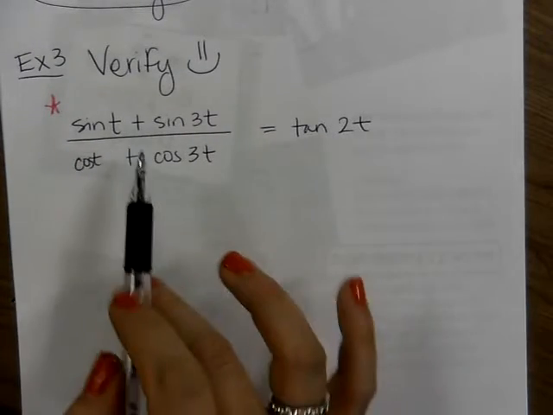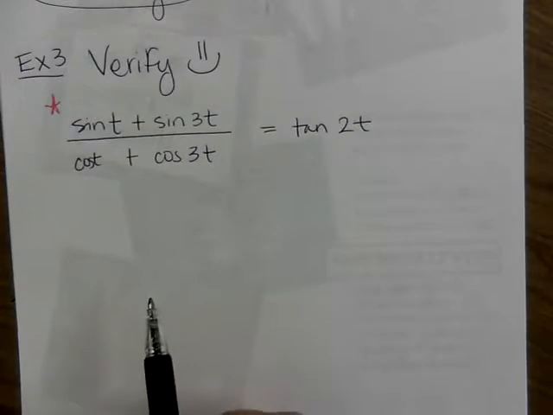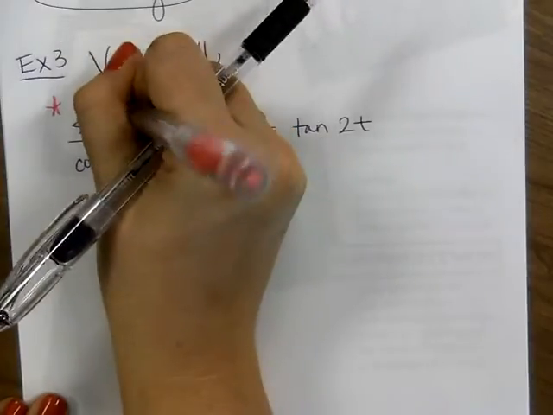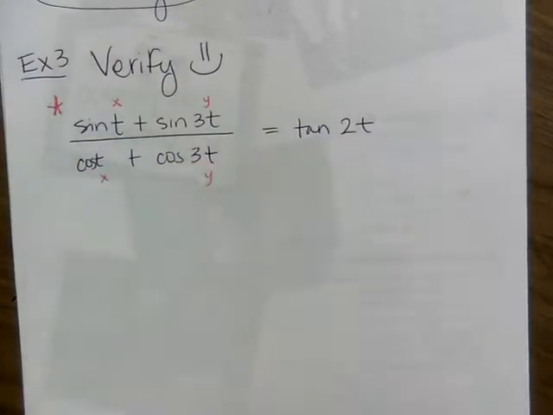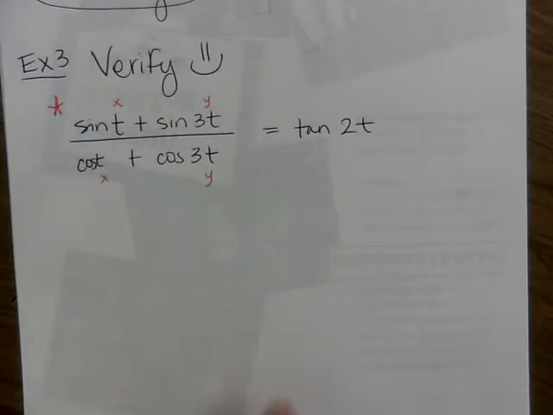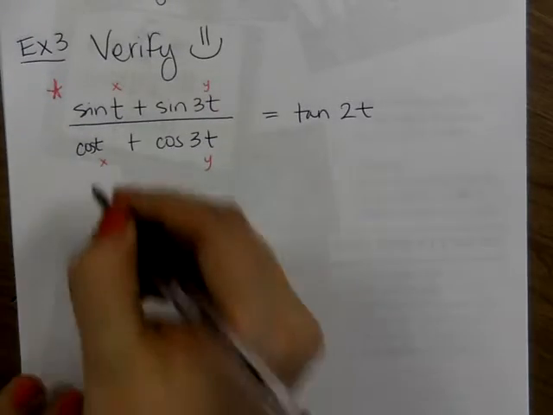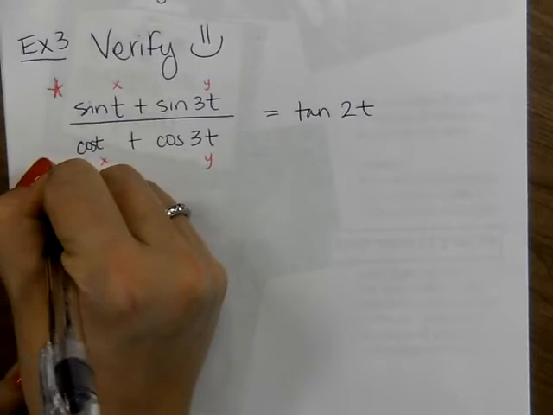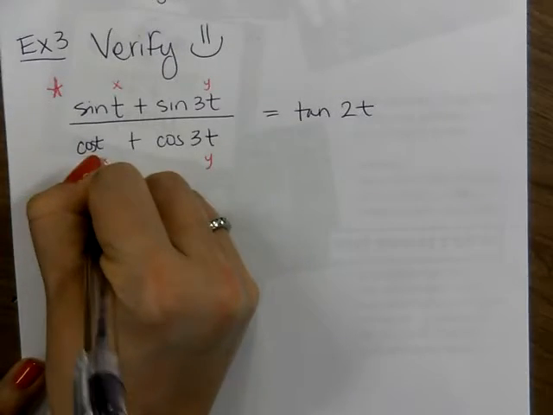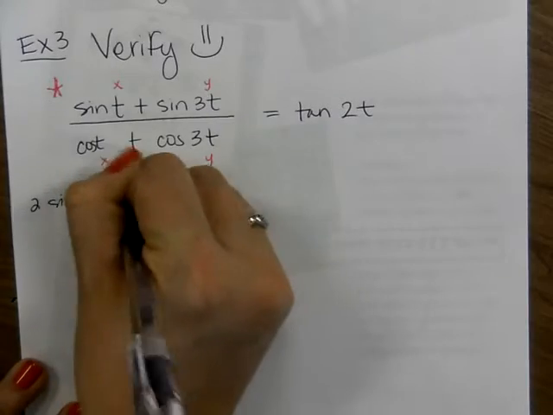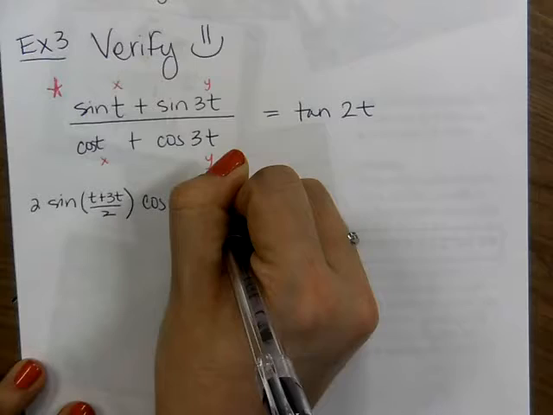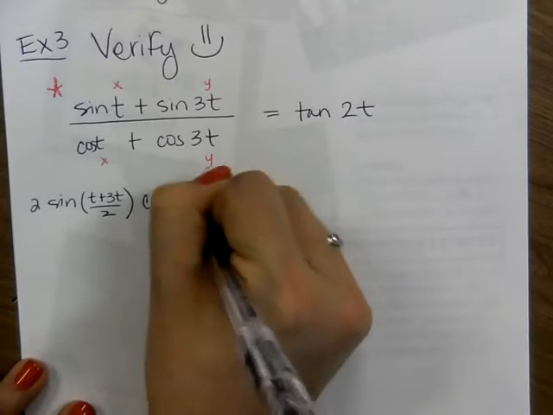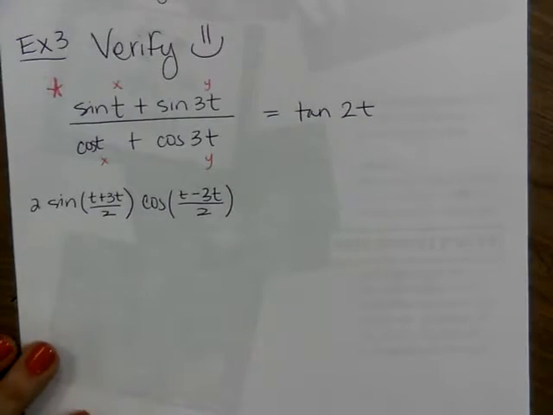Okay? So does everybody see that this is going to be a sum to a product in both the numerator and the denominator? Right? So this is acting as x, and this is y. And in this case, this is x, and this is y. Okay? Are you with me? Okay, so let's plug it in. So we're going to have 2 times the sine of t plus 3t divided by 2, times the cosine of t minus 3t divided by 2 in the numerator.